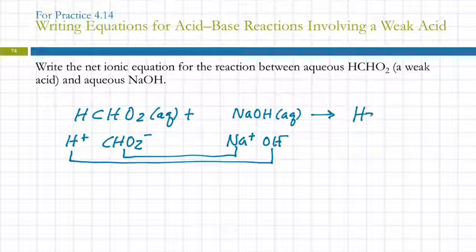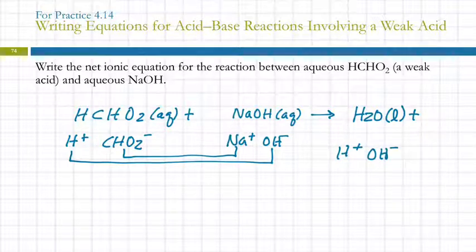So we're going to end up with H2O from the H plus and the OH minus. And then we're going to get Na plus and CHO2 minus. I did not leave myself much room.